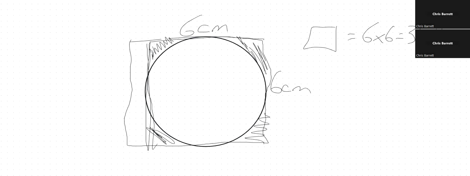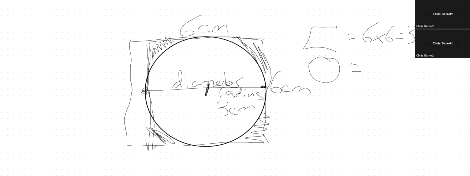The next thing I need to do is work out the area of my circle. From the side all the way across to the other side is 6 centimeters. In terms of a circle, that is a diameter, which means I'm going to need to halve that to get myself a radius. So half of 6 is 3 centimeters. For area of a circle, I've got pi multiplied by 3 squared, which gives me 9 lots of pi.